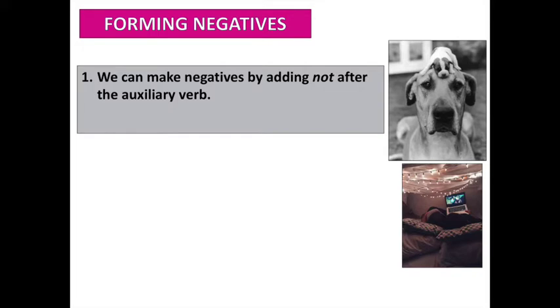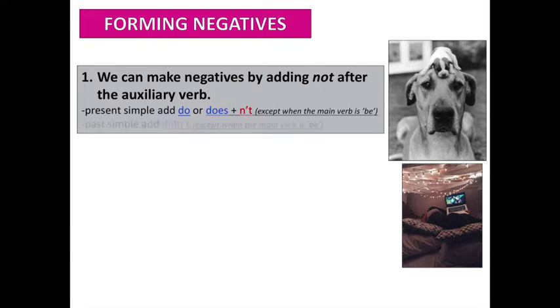So, if you're making a present simple sentence negative, then you need to add the auxiliary do or does and then the abbreviation, except for when the main verb is be.